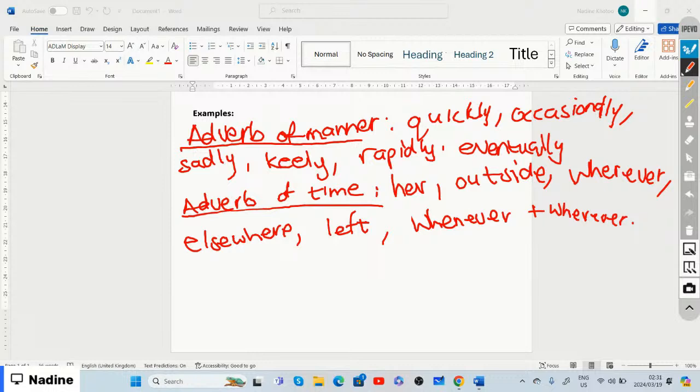The adverbs of frequency are mainly words such as rarely, never, often, weekly, monthly, annually, usually, sometimes, occasionally, and constantly, frequently, right? That is the adverb of frequency.